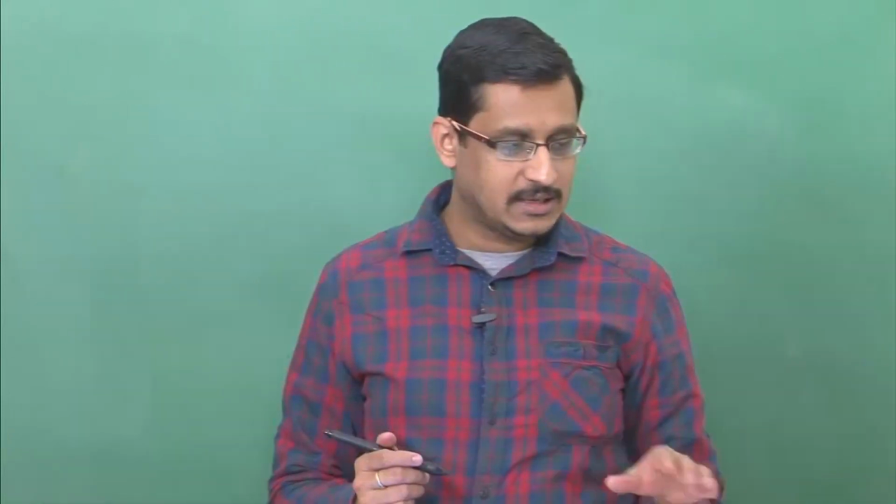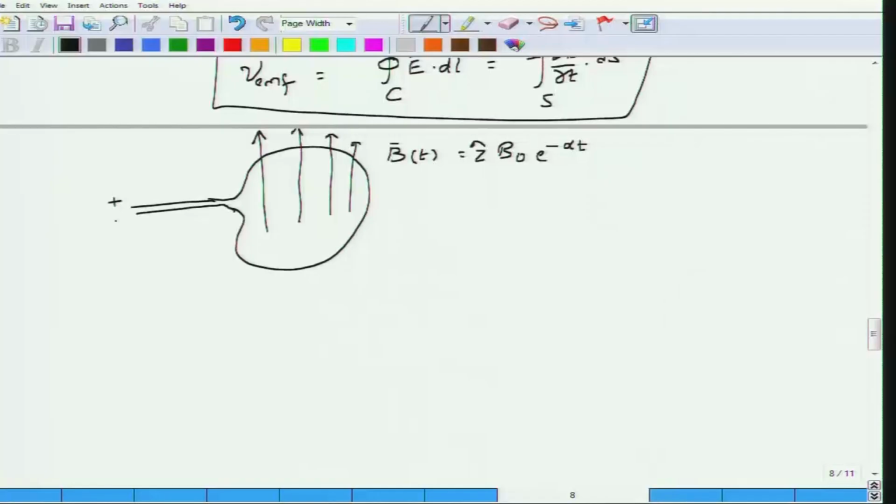Now what is the EMF that is induced? If I take this as my specified direction for the EMF, what would the induced EMF be? Before we look at this, let us look at a voltage source. The conventional form of writing a voltage source is that the current leaves the positive terminal of the voltage source. If we have chosen the induced voltage in this way, then there must be a current leaving here.